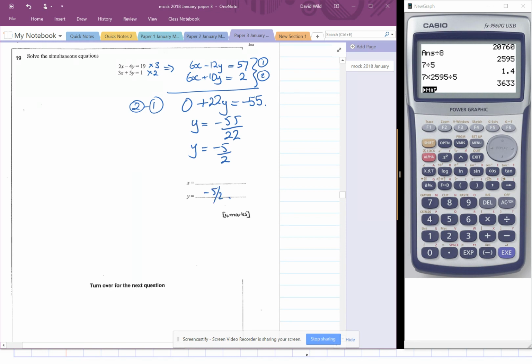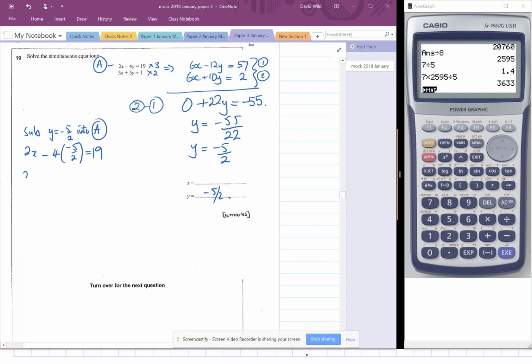How do we find out x? Well, we're going to substitute that back into one of these. Let's say this is equation A. So we're going to substitute y equals minus 5 halves into A. So we get 2x minus 4 times the value of y, minus 5 halves, equals 19.